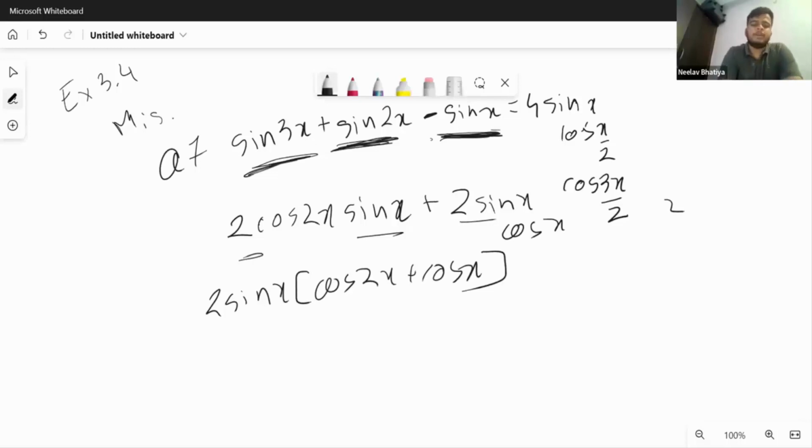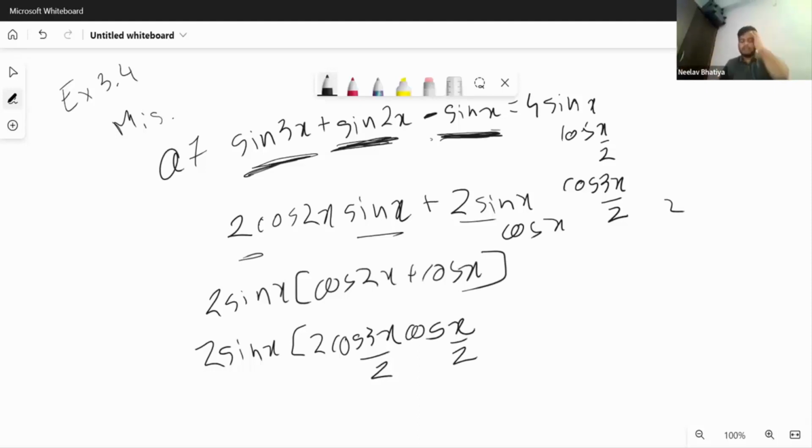Correct. Now apply the cos c plus cos d formula right here. You get 2 times sin x, 2 times cos((2x + x)/2), which is cos 3x by 2, and (2x - x)/2 equals x by 2, cos x by 2. Correct. 2 and 2 get multiplied.